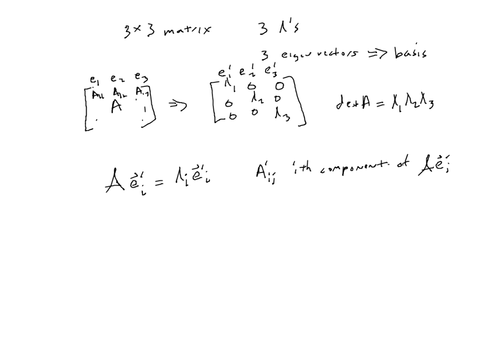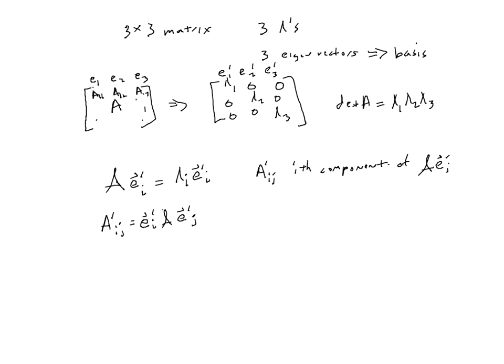So now what happens is we can say that, well, let's take A prime ij, and let's say that that is equal to taking E prime i times the operator times E prime j.